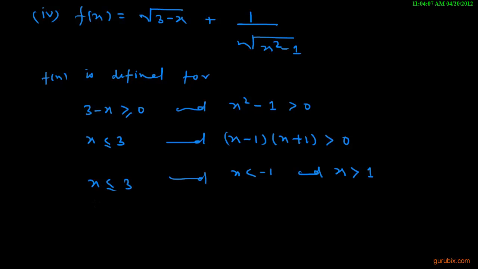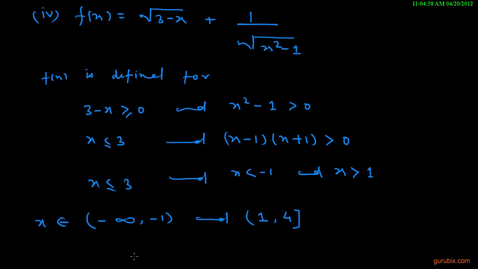And if we combine all these three intervals, then we get that x belongs to -infinity to -1 and 1 to 3, where 1 is not included. Actually this is a semi-open interval.